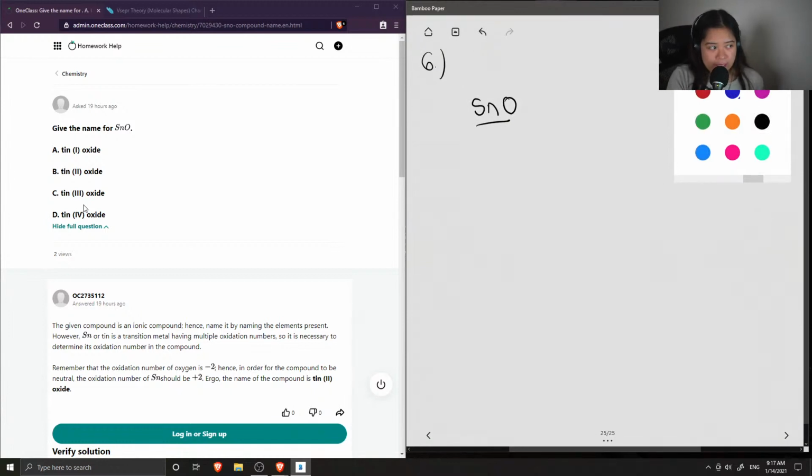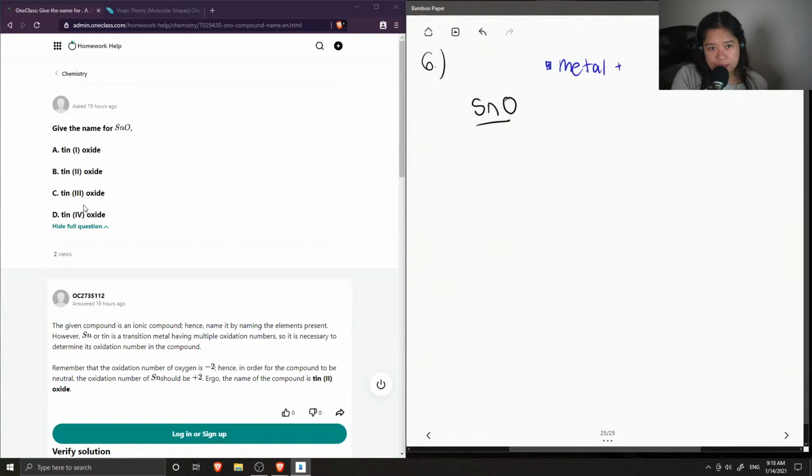Okay, so first let's analyze the type of compound we have. You'll notice that we have tin, which is a metal, and we also have oxygen, which is a non-metal.